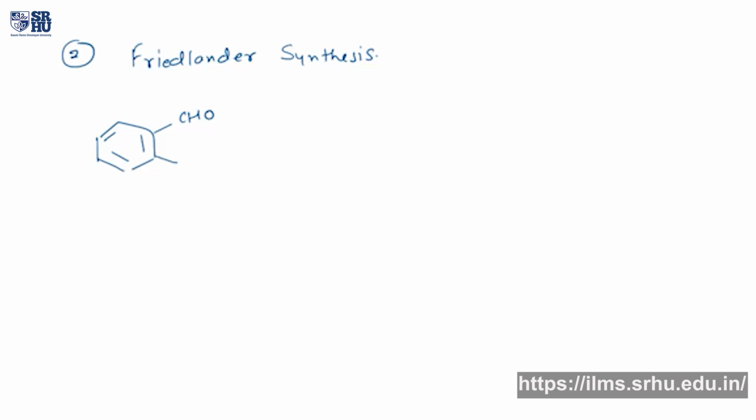The second synthesis for preparation of quinoline is Friedlander synthesis. In Friedlander synthesis, we have an aldehyde having NH2 at the ortho position.